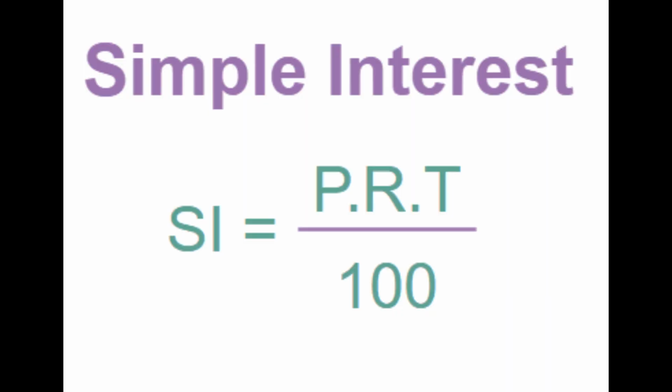Simple interest, SI equals PRT by 100, where P is the principal amount, R is the rate of interest and T is the time in years.